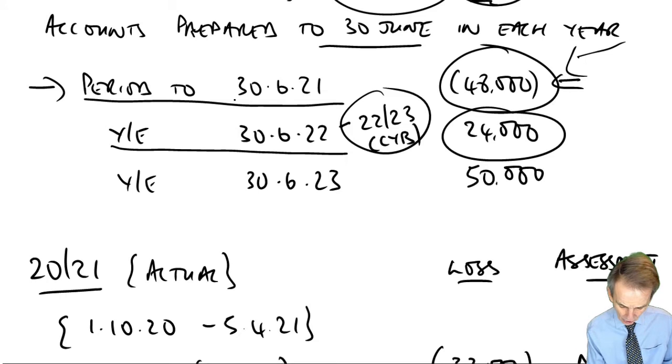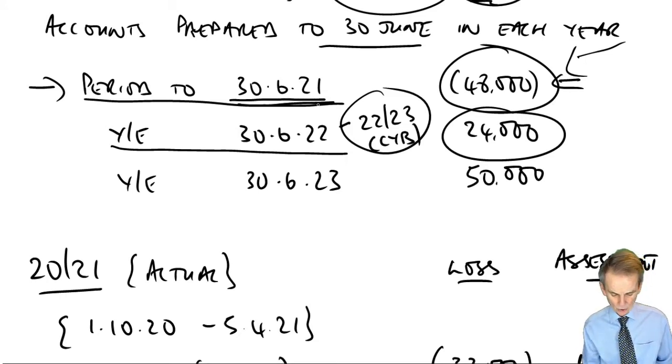Well, there is our opening accounting period running to the date 30th of June 21. In which tax year does that accounting period end date fall? It is falling in 21-22. So yes, we do have an accounting period ended in that second tax year.